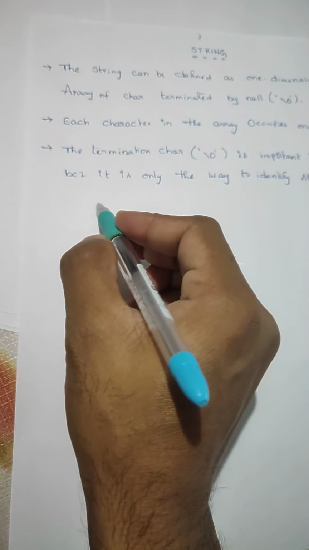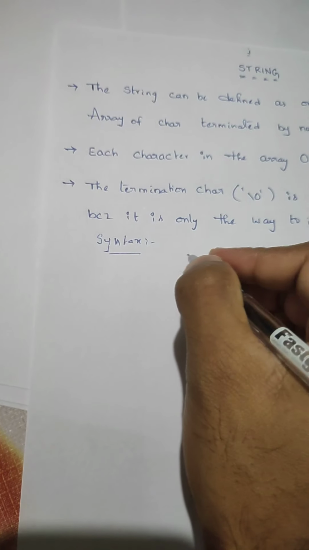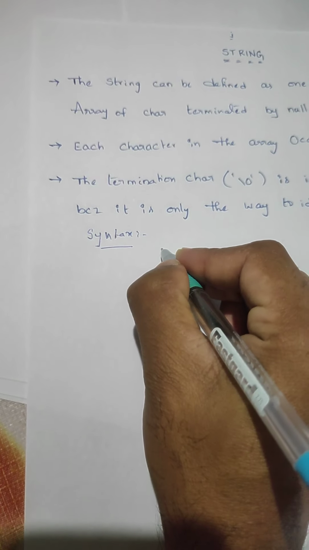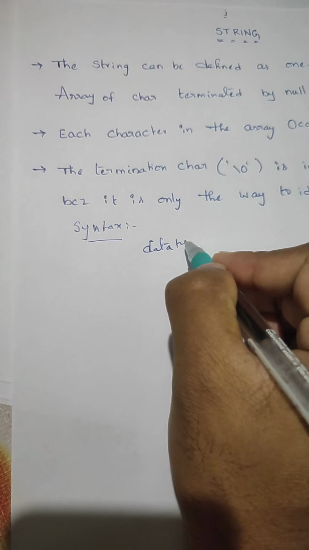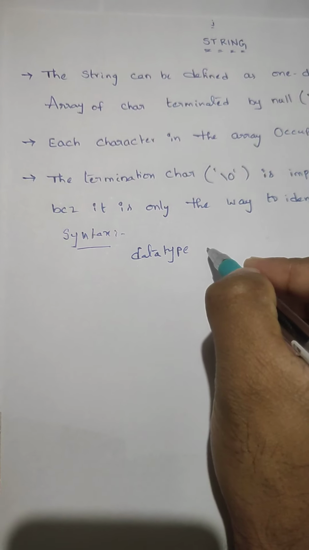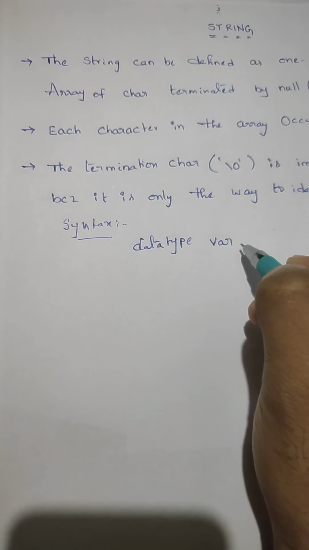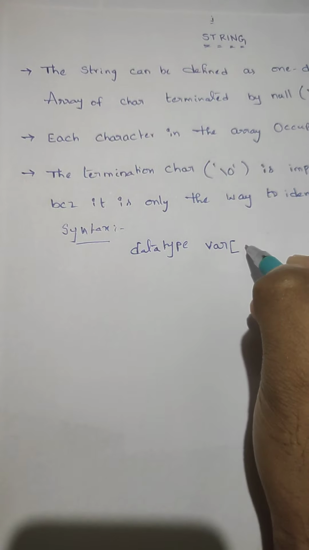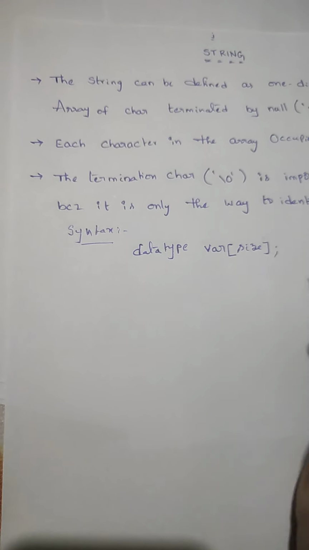So let us see the syntax. The syntax of strings: first the data type, next the character variable name, and then the size, that is, how many characters we need to store.